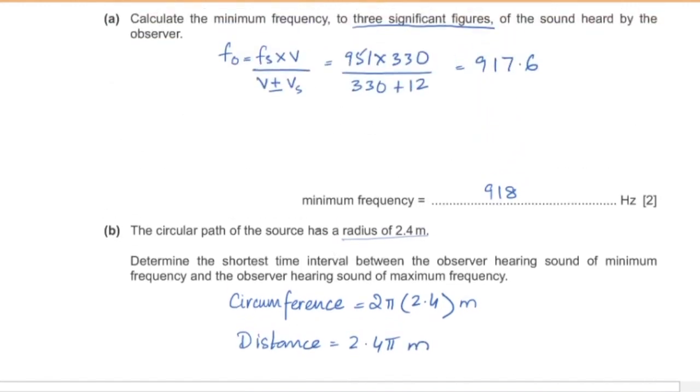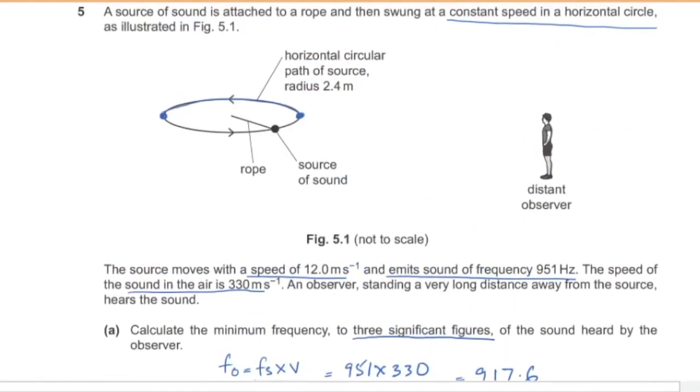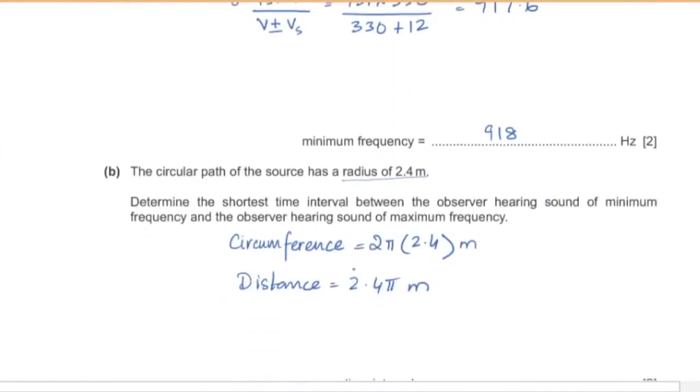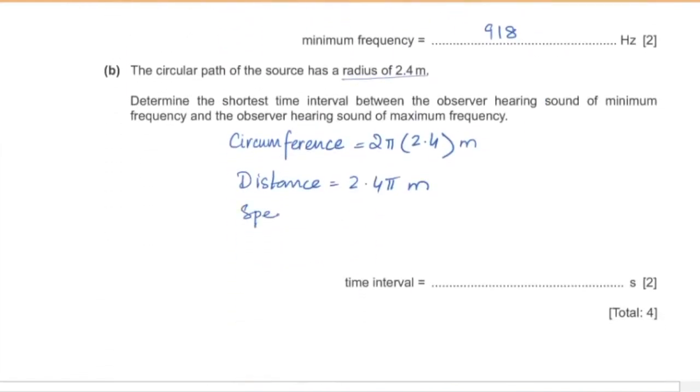And the speed with which this object is moving is 12 meters per second. Now the time interval is going to be 2.4 pi divided by 12. So this is equal to 0.63 seconds.